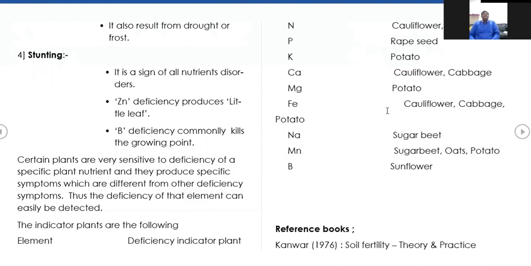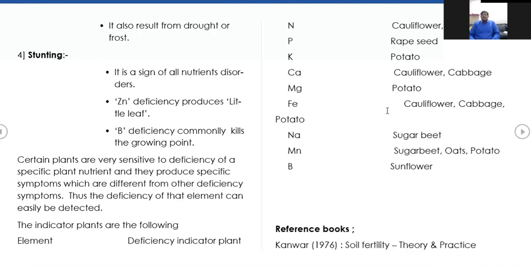The indicator plants for the following elements are these. For nitrogen, the indicator plants are cauliflower and cabbage, which remarkably show the deficiency symptoms of nitrogen.